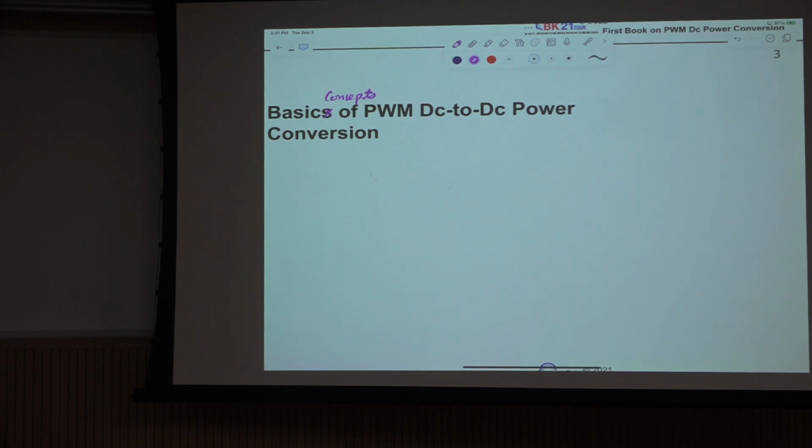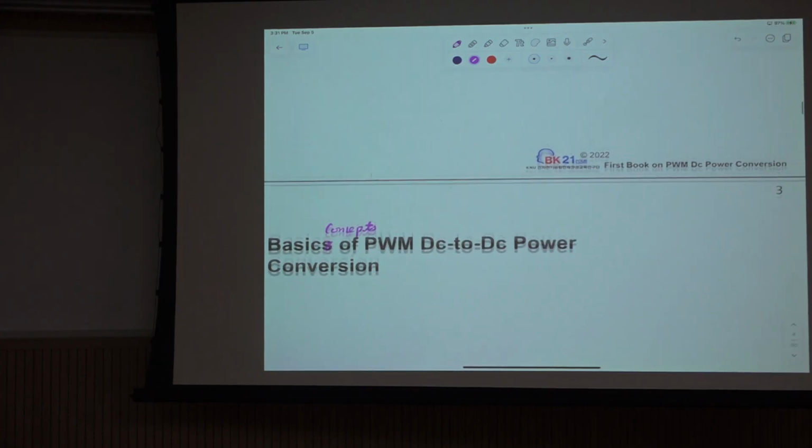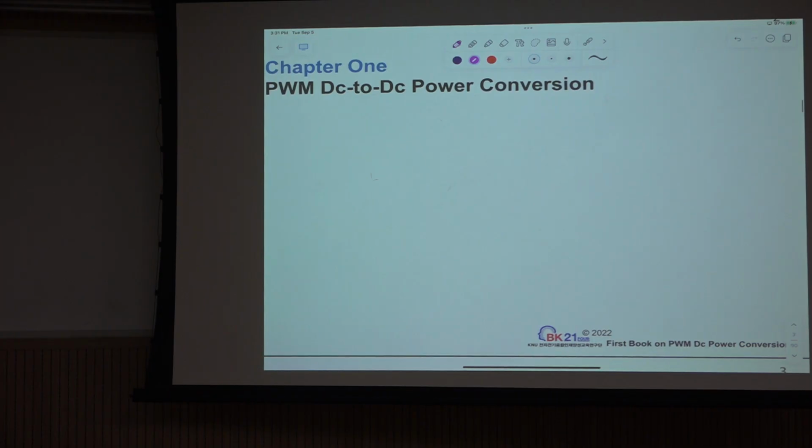Let me go back to the previous page. So we are dealing with the PWM converter, and the counterpart of this PWM converter is what? The resonant converter. There are 2 types of converter: PWM converters and resonant converters.